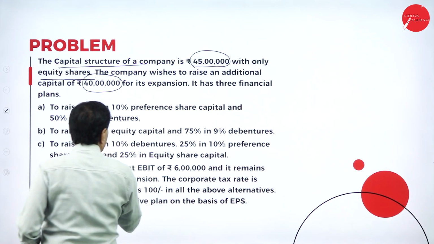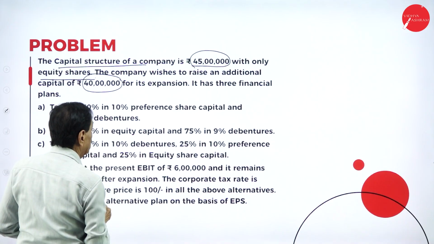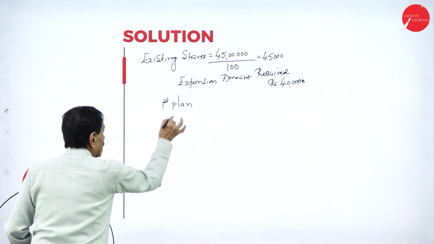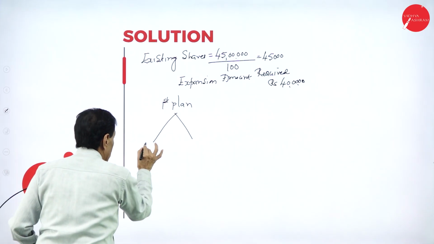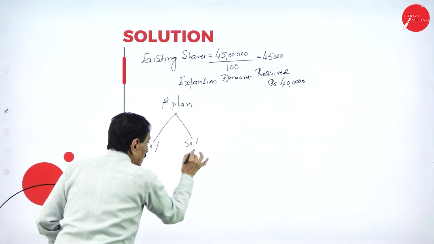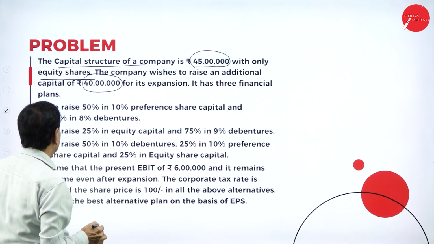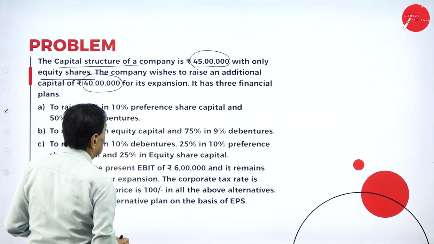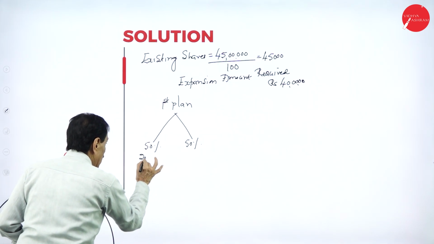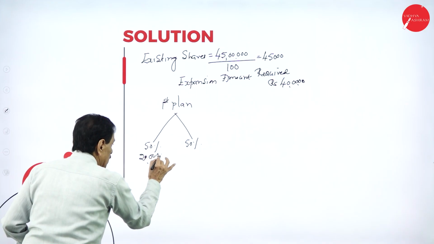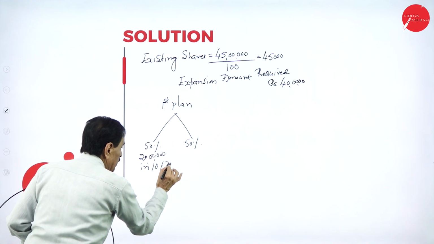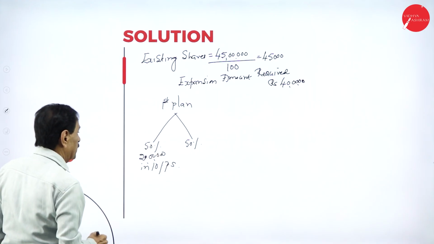To raise 50% in 10% preference share capital. Only 2 items. 50% in 10% preference share, 50% means 20 lakh in 10% preference share capital.